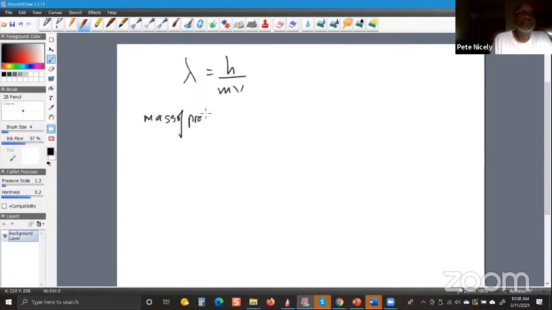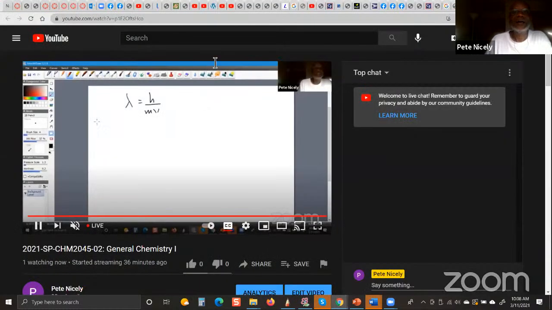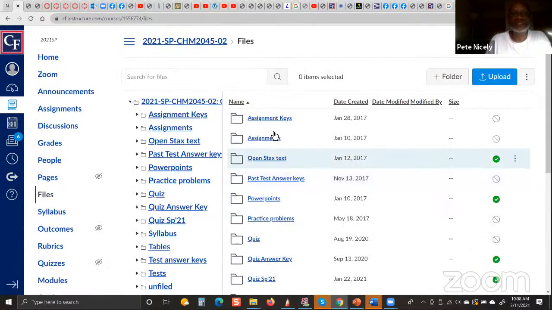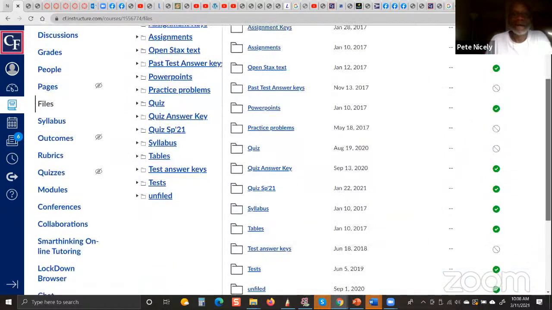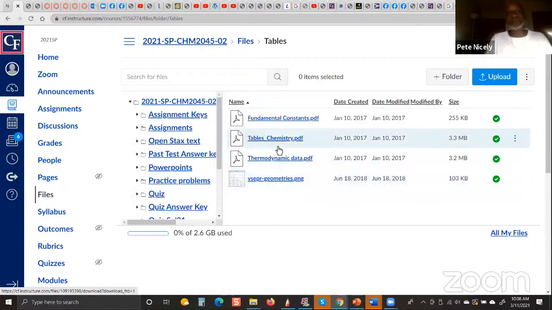If you go to the tables I've posted in Canvas, let me see if I can find it. Let me go to files. Can you see my screen? Yes. Okay, good. I just want to make sure because sometimes when I change from one format to another, weird things happen.